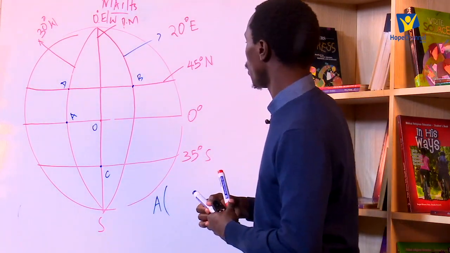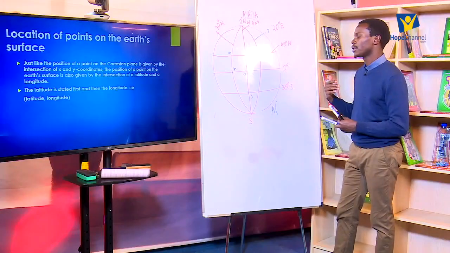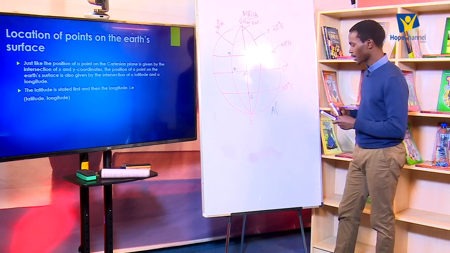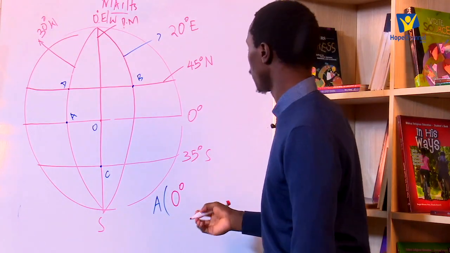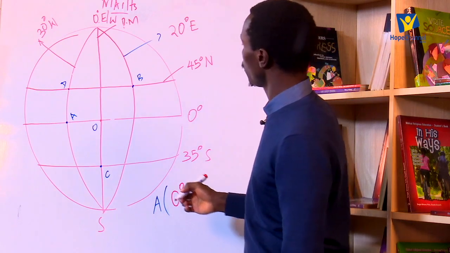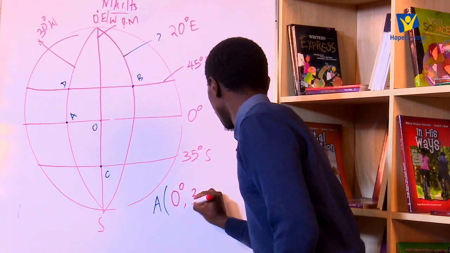Now A is on the equator. It is 0 degrees north or south, so we simply write 0 degrees. You don't have to write north or south, comma. But what is the longitude now? It is 30 degrees to the west.